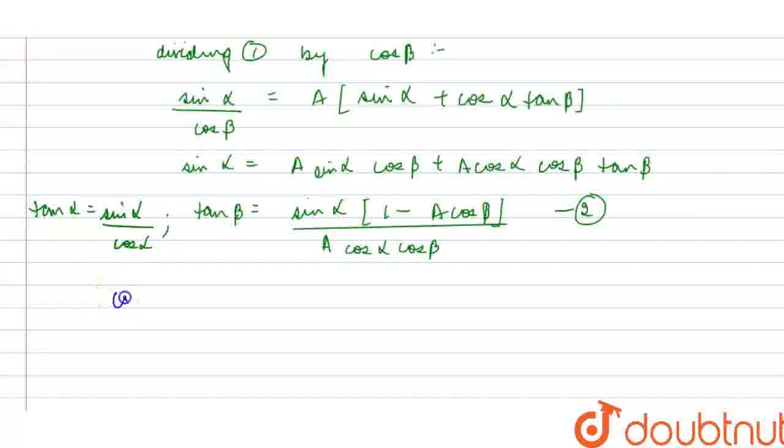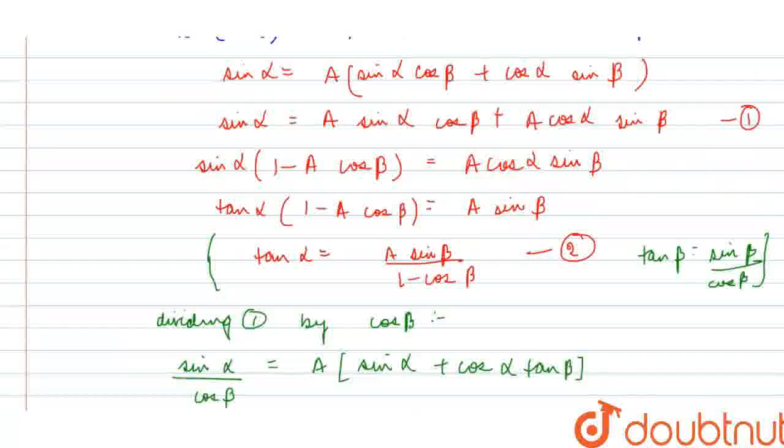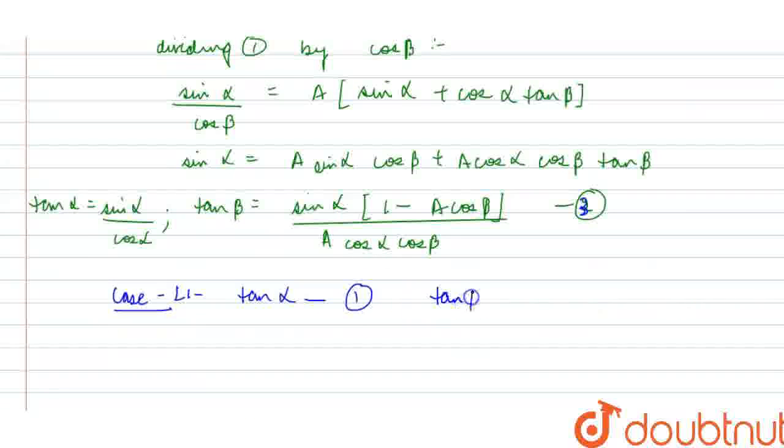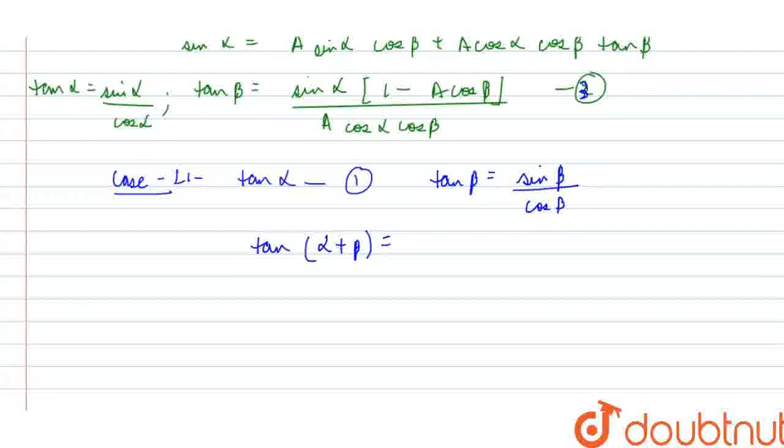So firstly, let's consider case number 1. Here I'm using equation number 2 as tan alpha, and tan beta is sine beta upon cos of beta. I'll be using the formula for tangent of alpha plus beta which I mentioned in the beginning of the question.